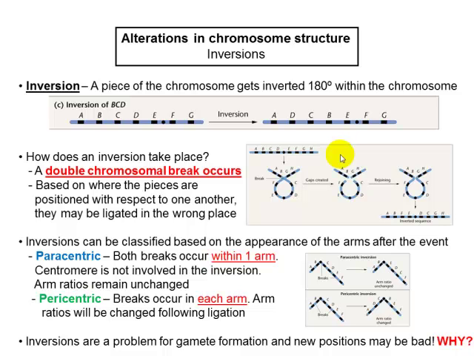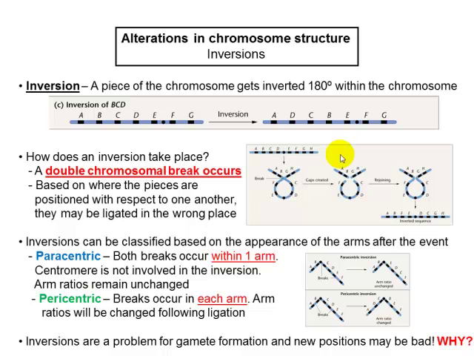So when you have paracentric mutations, both arms retain their original size. Now, if you have a pericentric mutation, that means that the centromere is involved here. So when that happens, usually you have a change in the length of the arms of this chromosome.